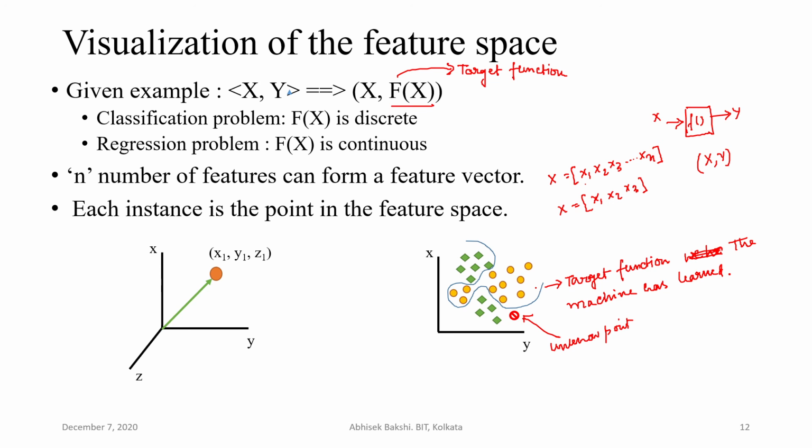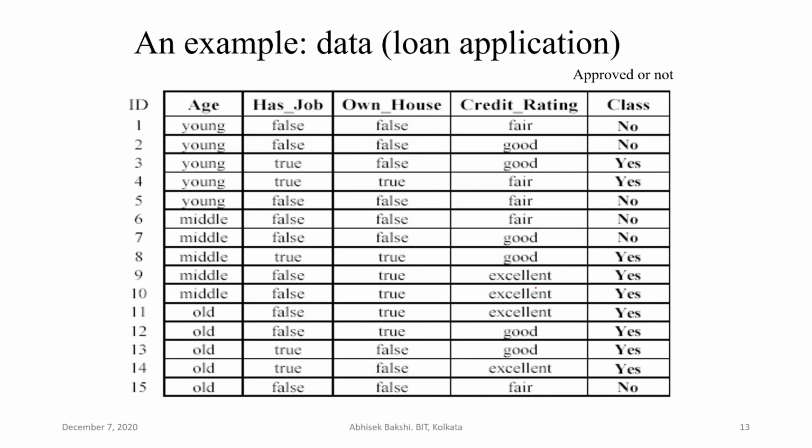An example of this is something like this. The loan application example that we saw 2-3 slides ago is something like this. The data set looks something like this, with different types of age, different types of job, and so on.